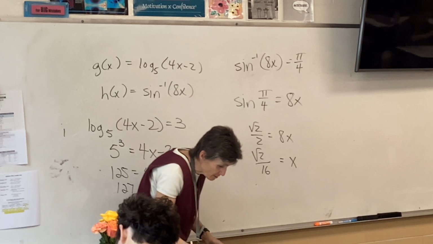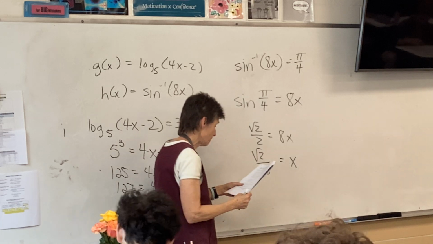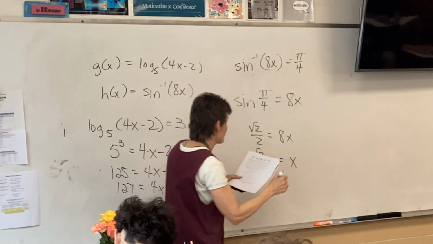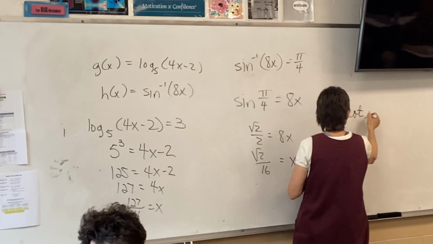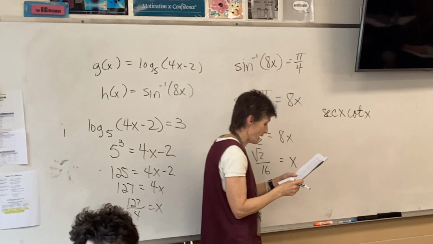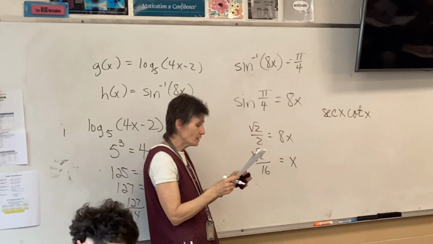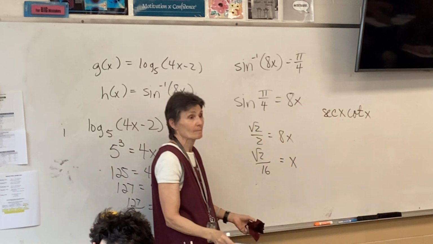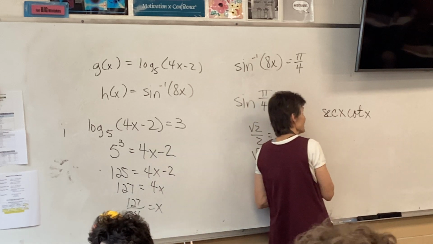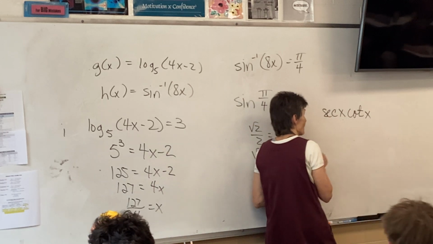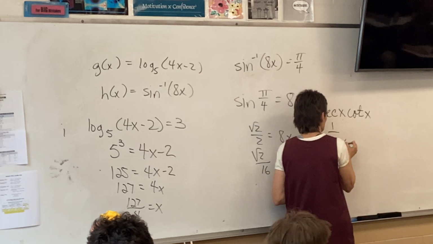The functions j and k are given. Rewrite j, which is secant cotangent, using only sine. Okay. What is secant? 1 over cosine.